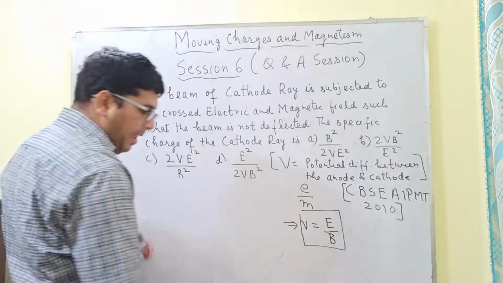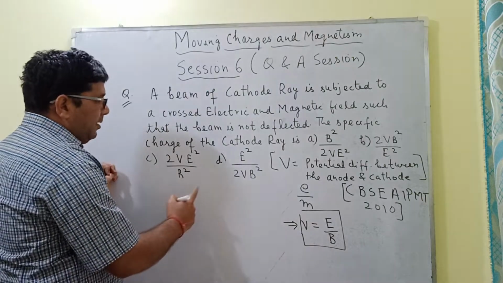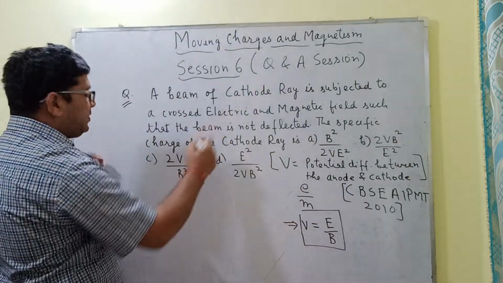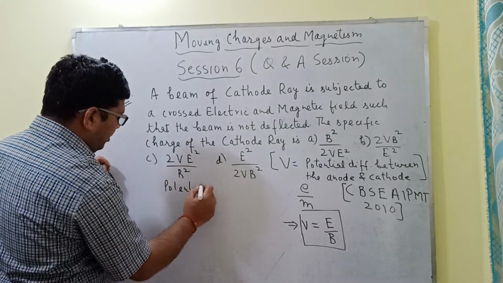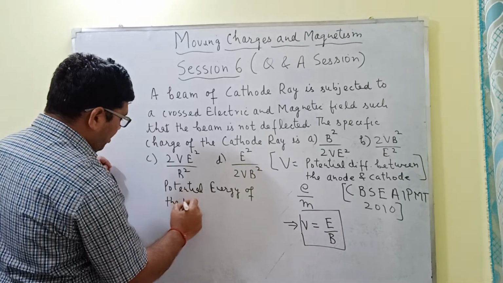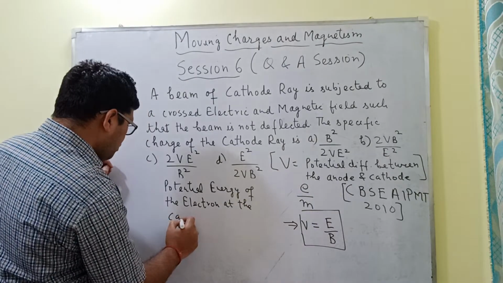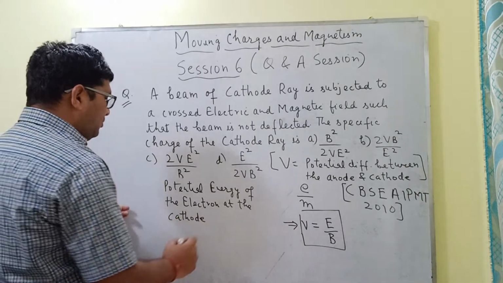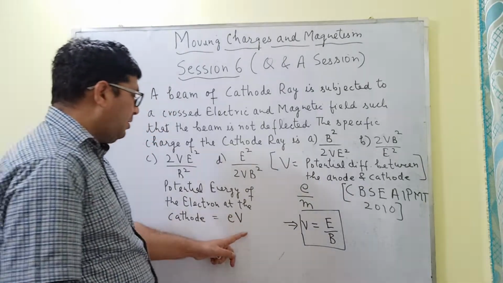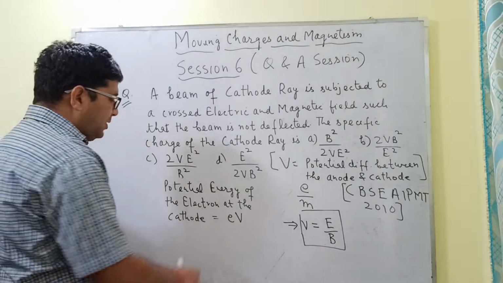Now, since the electron is moving from the cathode towards the anode, and the potential difference between the cathode and the anode is equal to V, the potential energy of the electron at the cathode will be equal to e into V, where V is the potential difference between the anode and the cathode, and e is the magnitude of the charge on the electron.